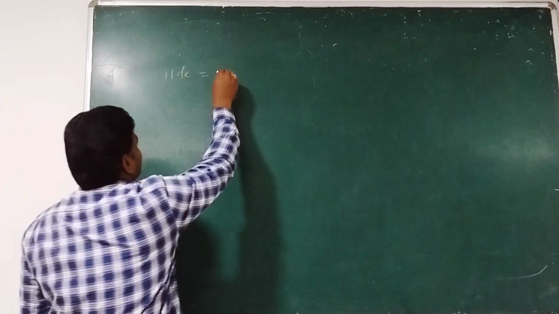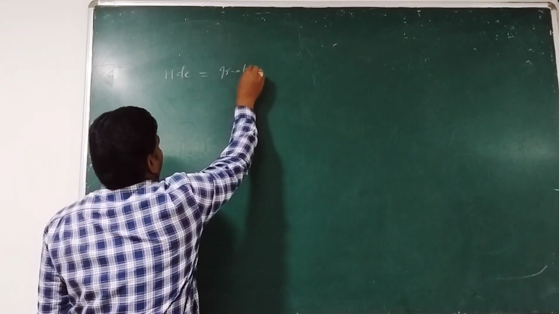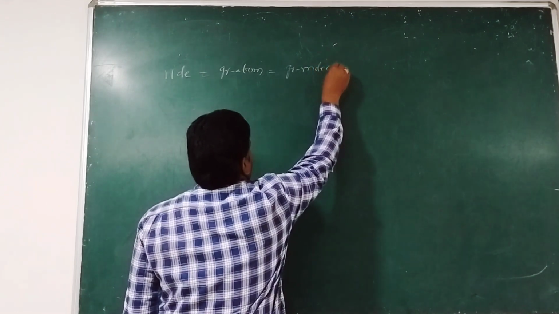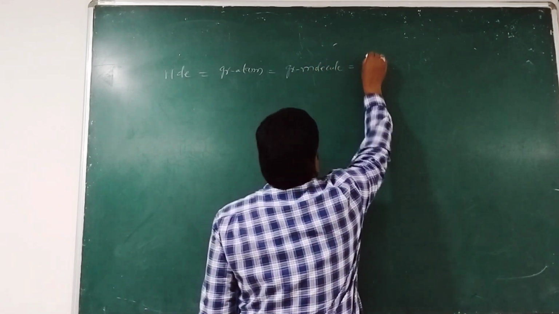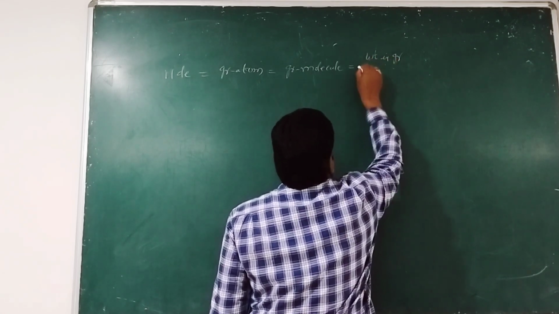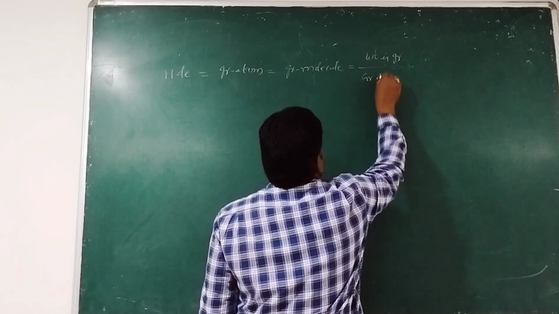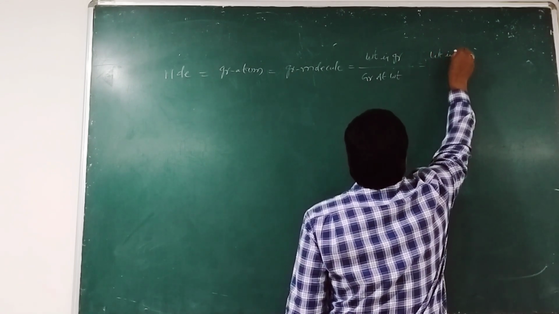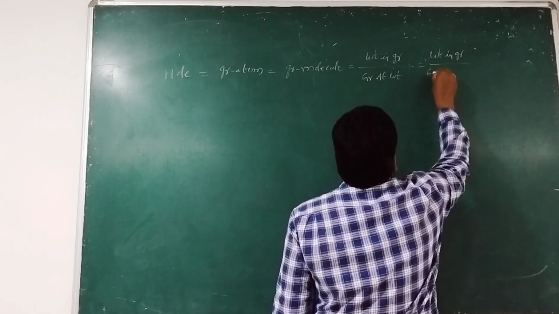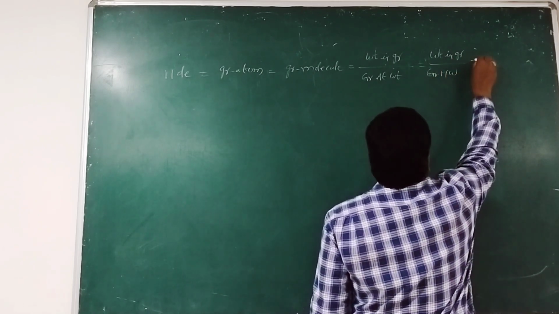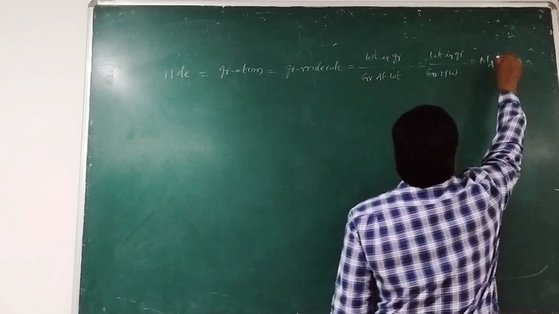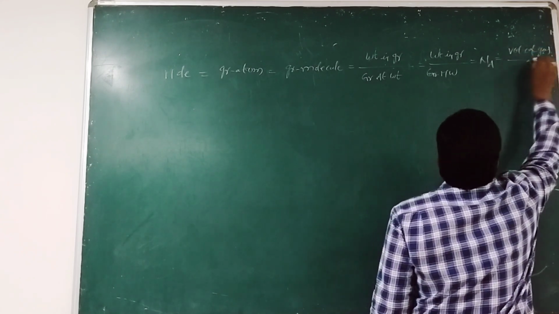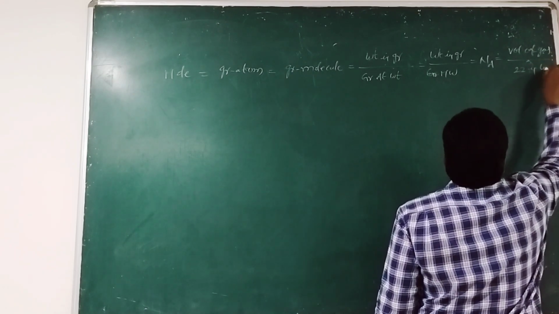Mole is equal to gram atom is equal to gram molecule is equal to weight in grams by gram atomic weight, and it is equal to weight in grams by gram molecular weight, and it is equal to number of particles by Avogadro's constant, and it is equal to volume of gas by 22.4 liters.